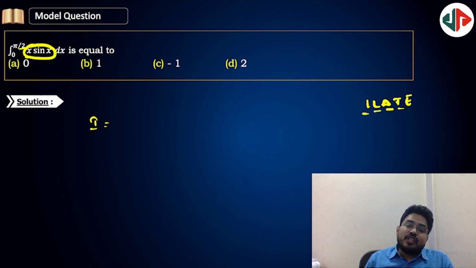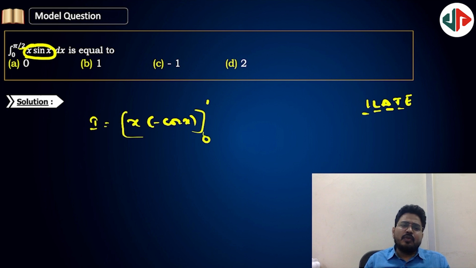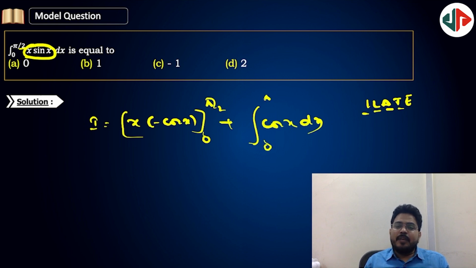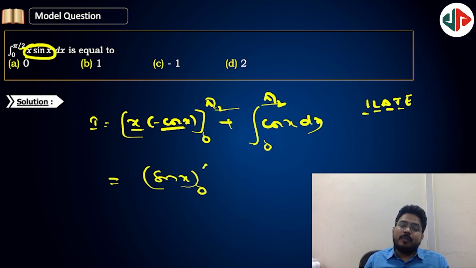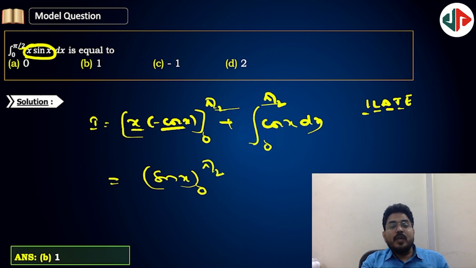So first function is x into integral of sin x, which is minus cos x, of the limit 0 to pi by 2, minus integral of derivative of x, which is 1, times minus of minus, plus cos x dx, 0 to pi by 2. If I substitute pi by 2, this value is 0. If you substitute 0, this value is 0. So you have nothing. Integral cos x is sin x of the limit 0 to pi by 2. So the answer is equal to 1.